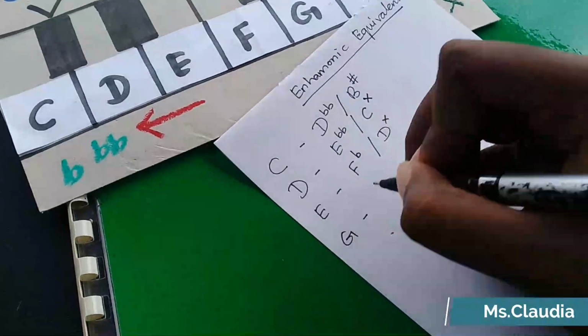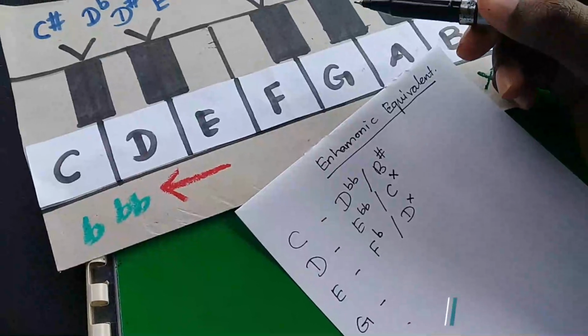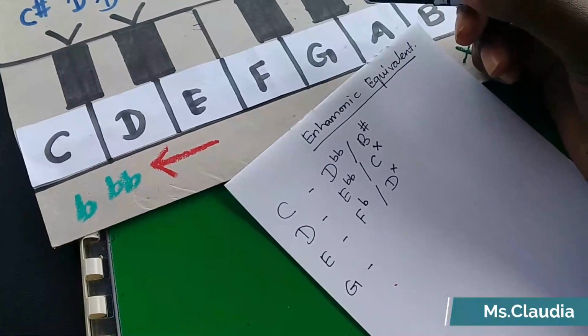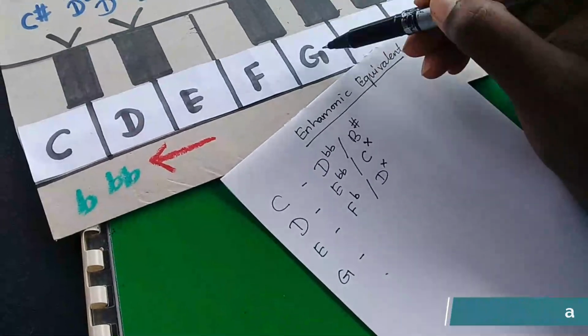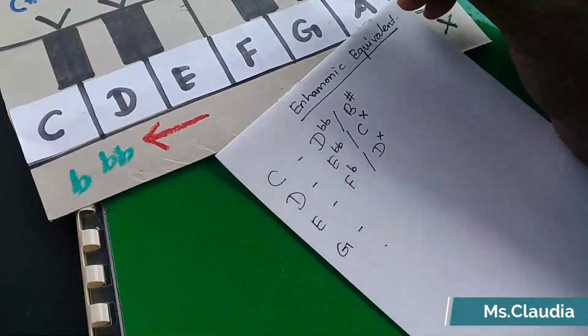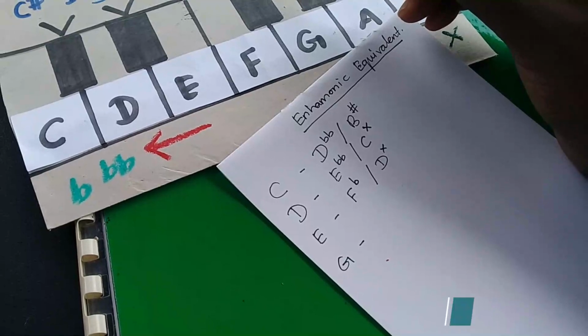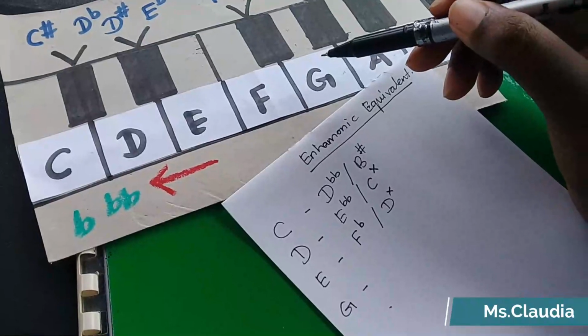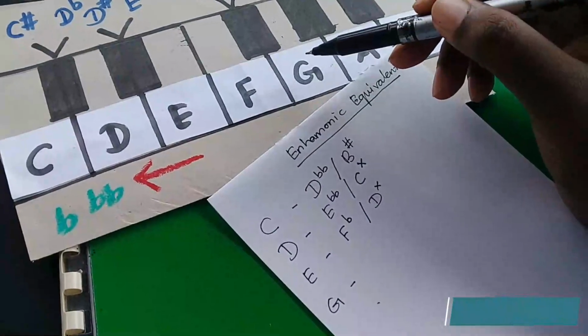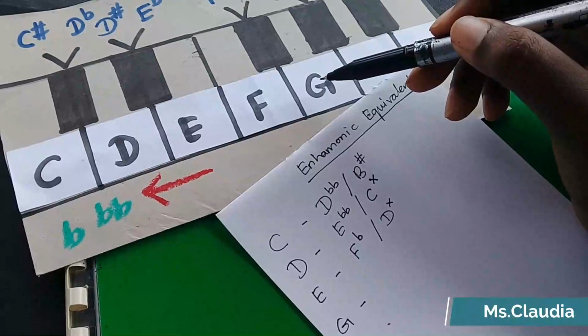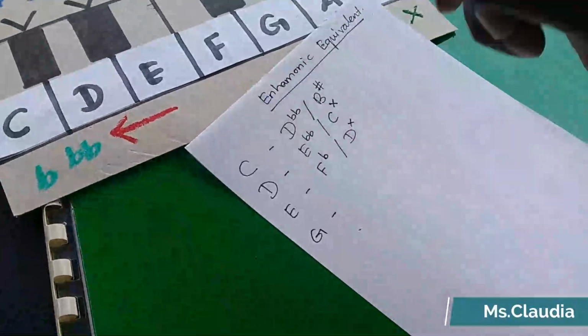Next you can see G. What's the name given for G? You can call it A double flat, or what's the other name you can give for G? F double sharp.